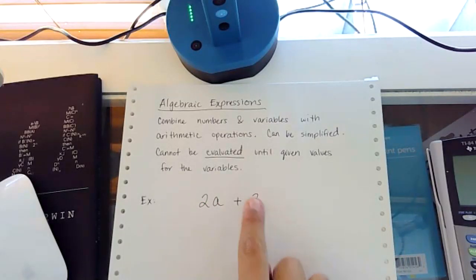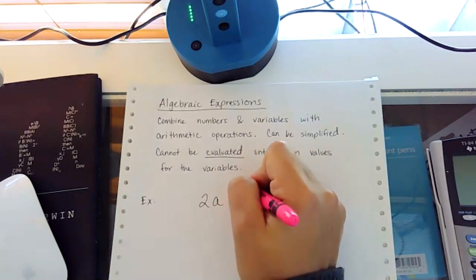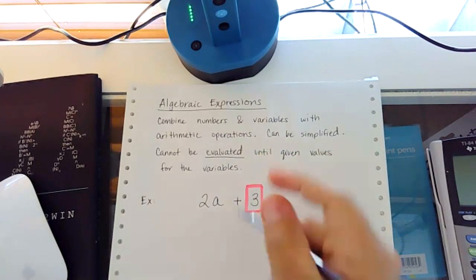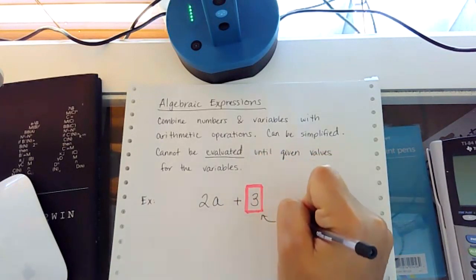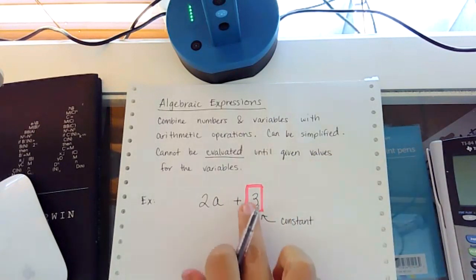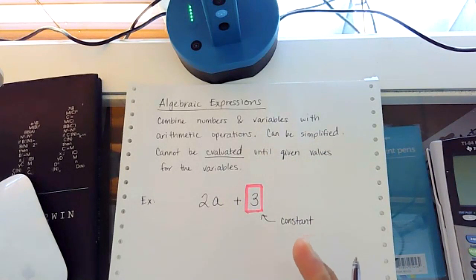One of them is just the number 3. So the number 3 here, we're going to call a specific term, a constant, because this value will not change, because the number 3 is fixed. It is constant.